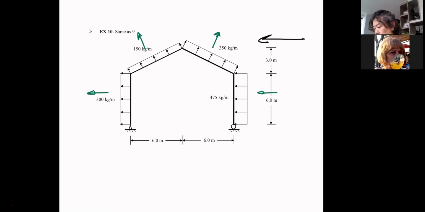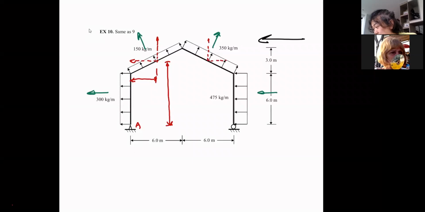Because when you take the moment at this point, let's call it A, you're going to need these components to be the ones that you can calculate the moment more easily. So you need this component to multiply with this distance. And then you need this component to multiply with that distance. Okay, and likewise with this.